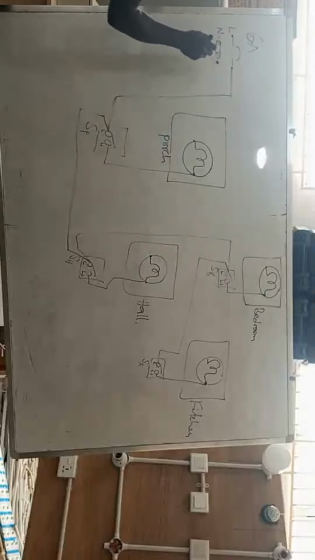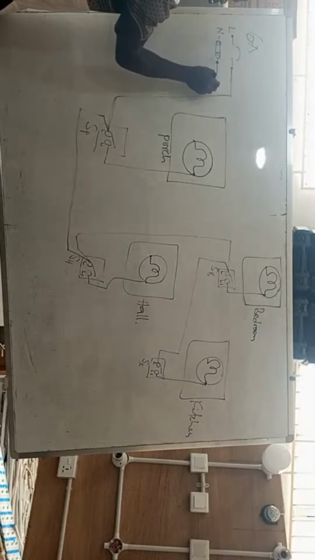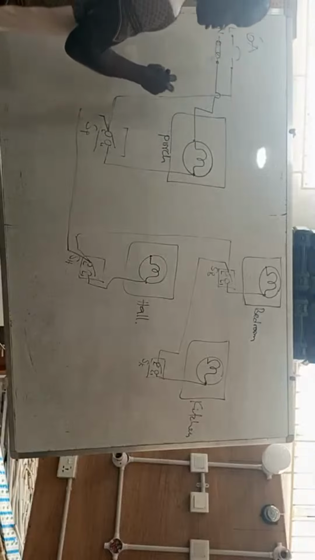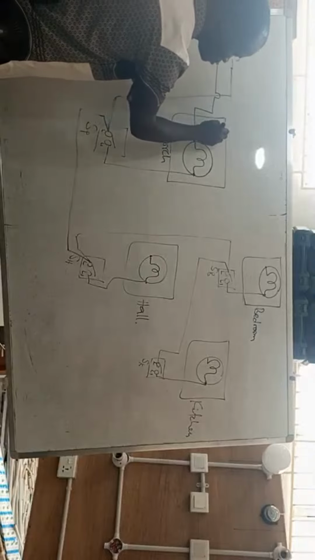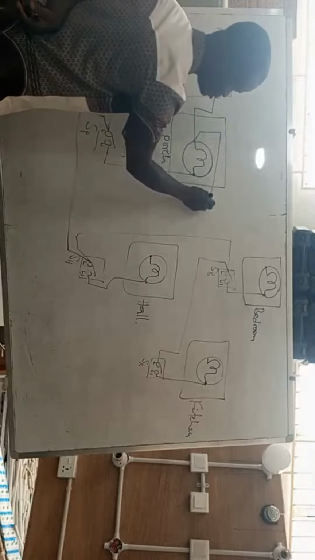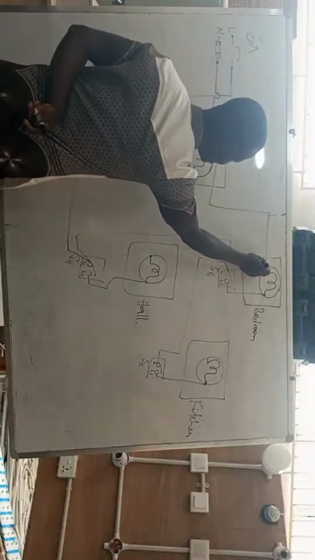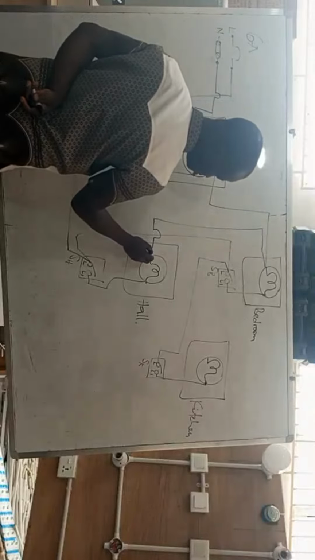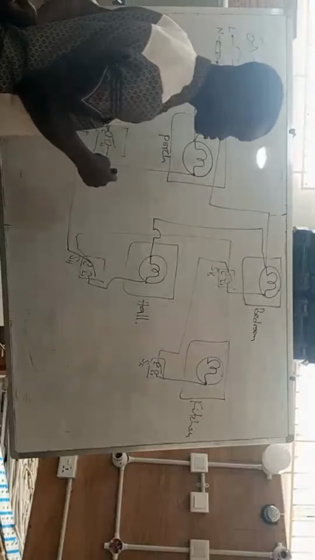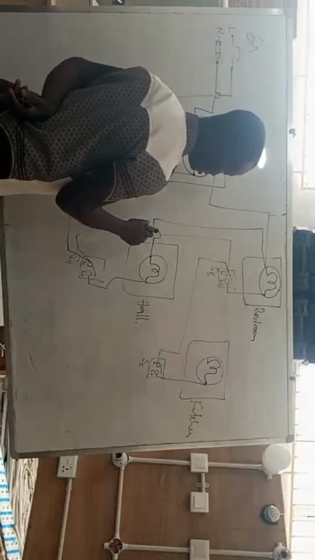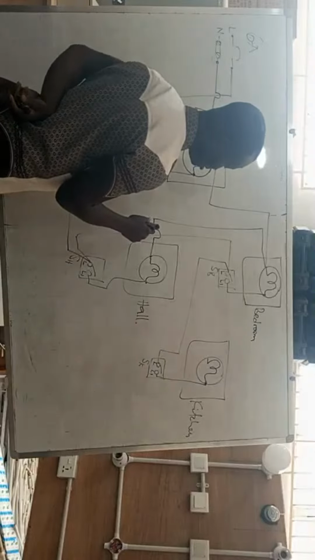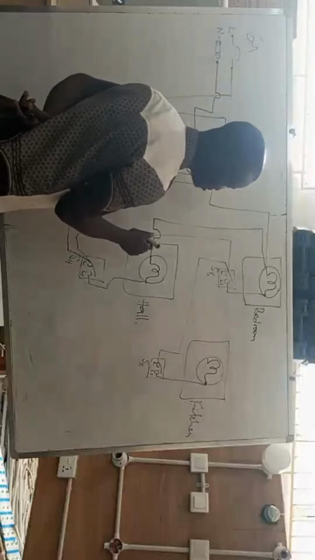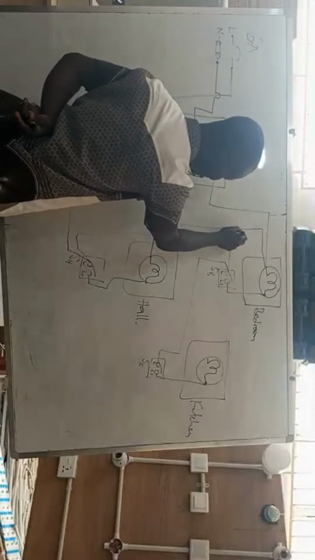So we just take the neutral from here, we connect it here, and then we take a loop, we connect it here, then we take a loop, we connect it here, okay, so then we take another loop.